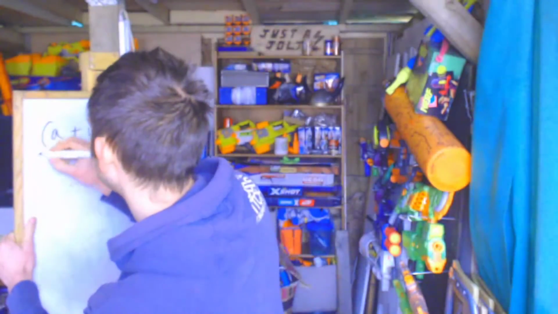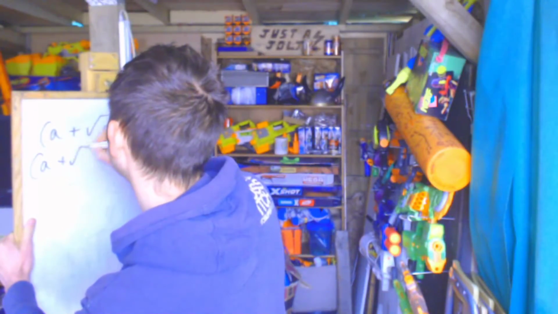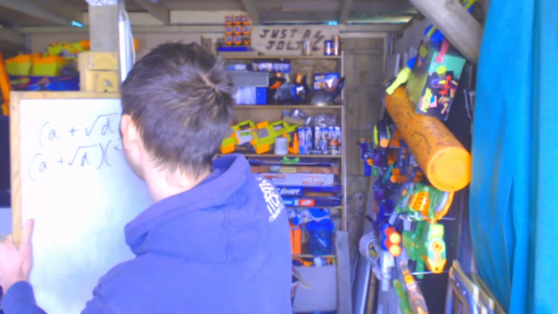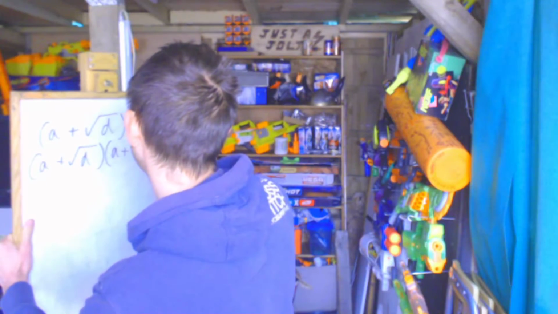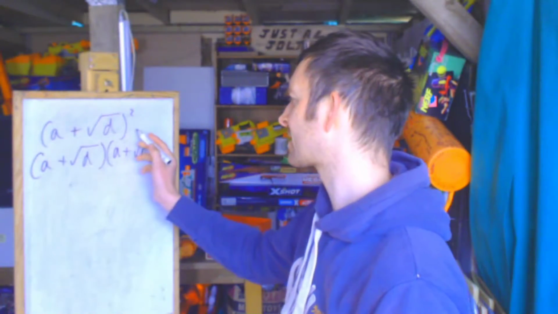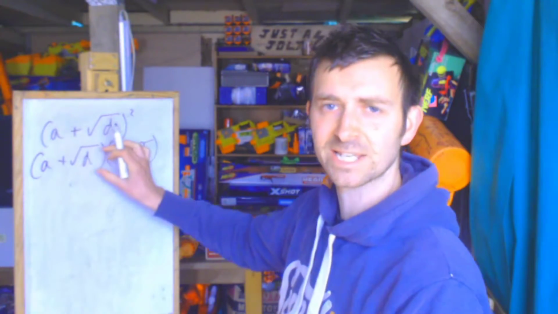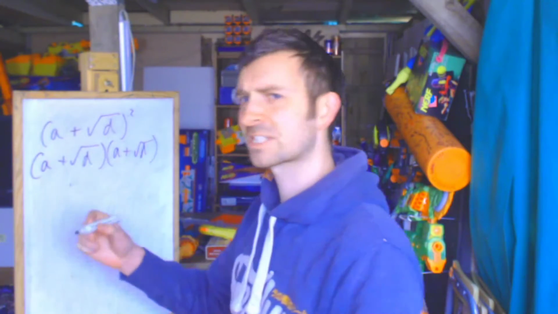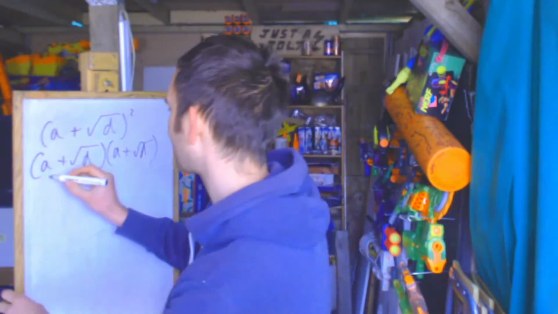So let's have a plus square root of d, and then a plus square root of d. The reason that we can do this is because these are the brackets squared, so you end up with this bracket times that bracket. So we're just going to expand these the same way as we normally expand brackets.